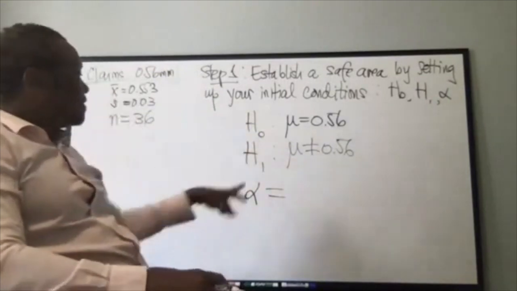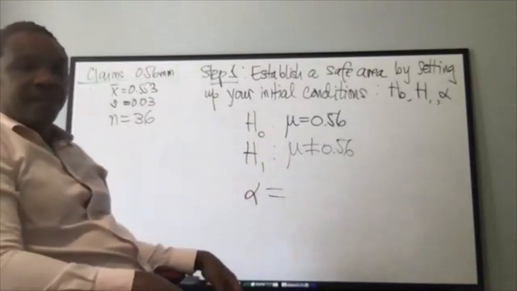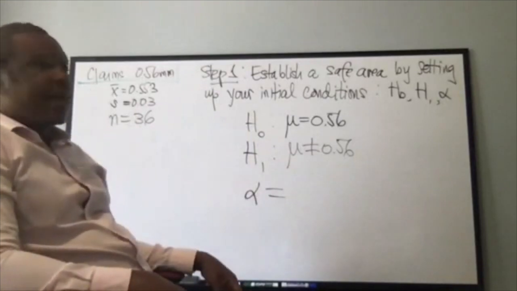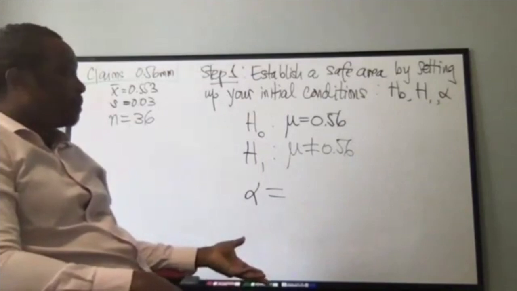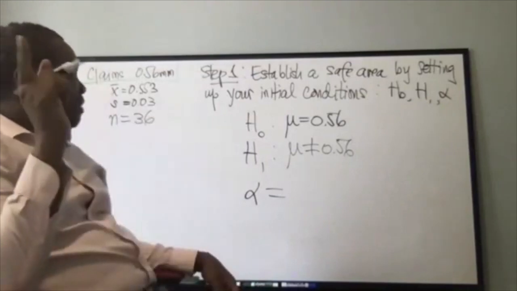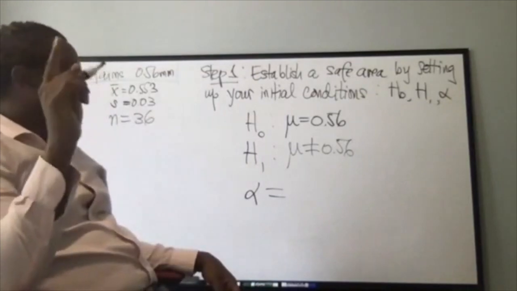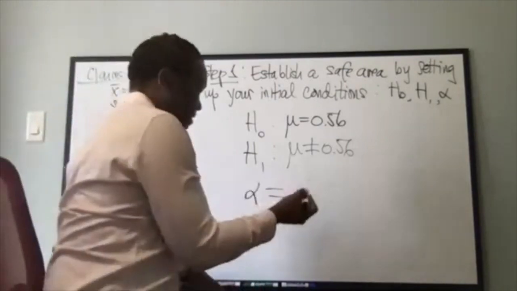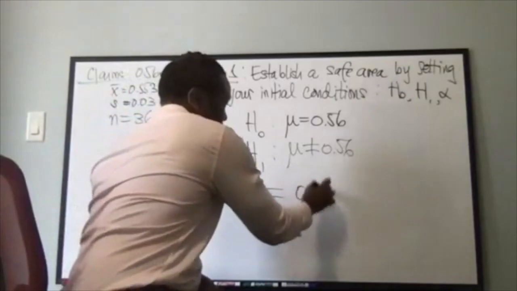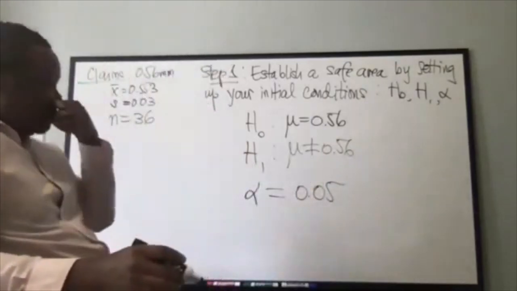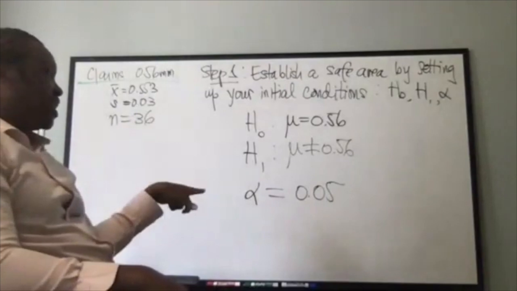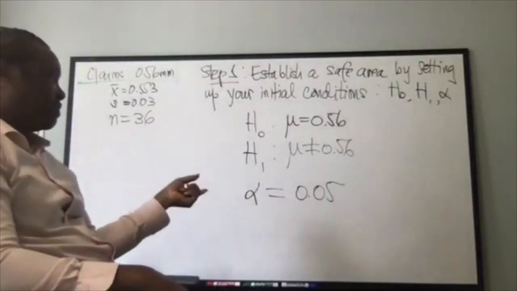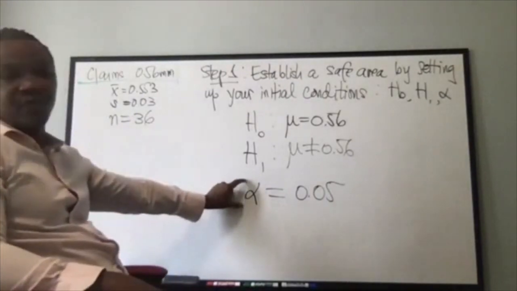Very good. Now this alpha is just what they call a level of significance, and generally it's always given in the problem. I did not give it in this problem here. So whenever it's not given, we always resort to 5%, which is 0.05. But generally, the problem will have to tell you what alpha is. And this represents that rejection region.